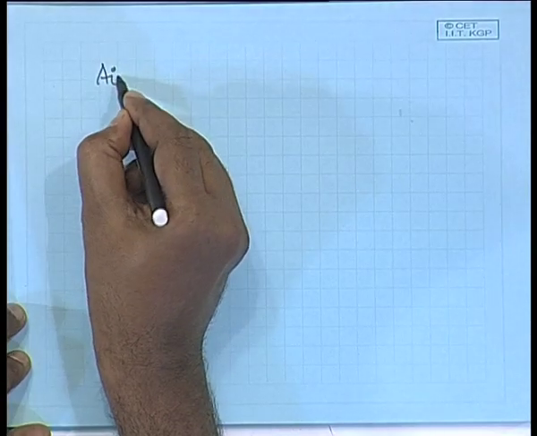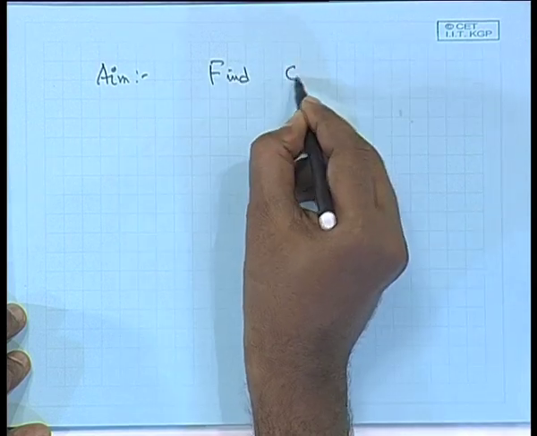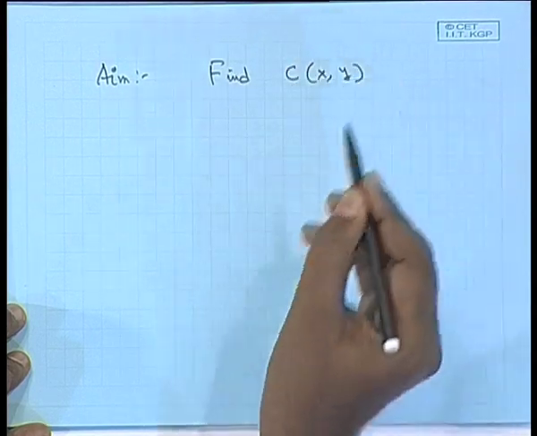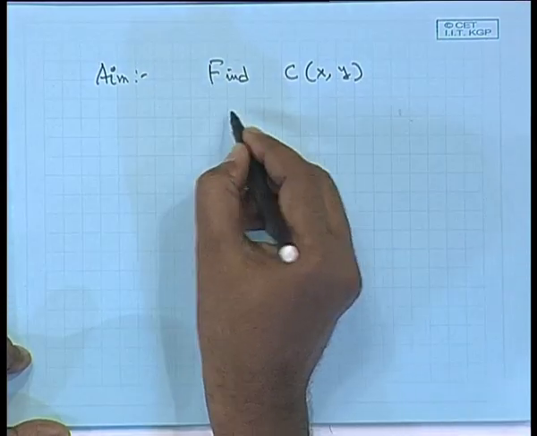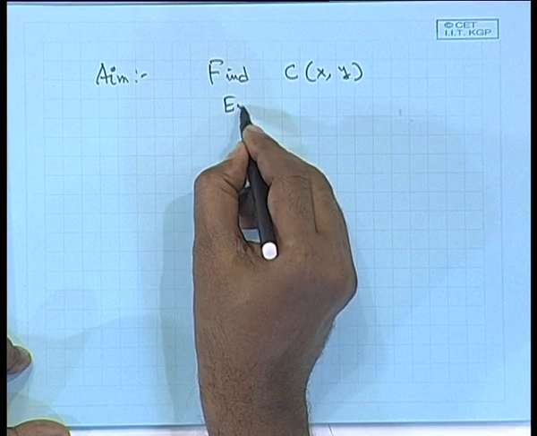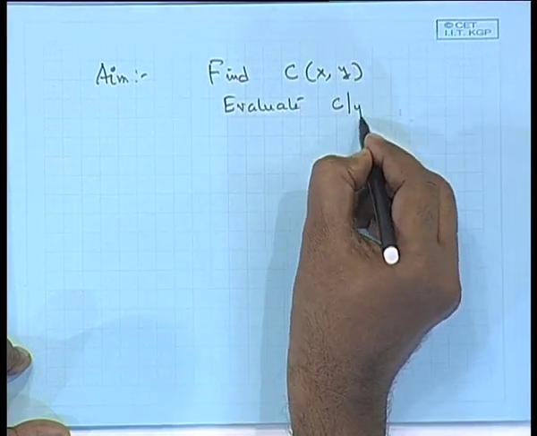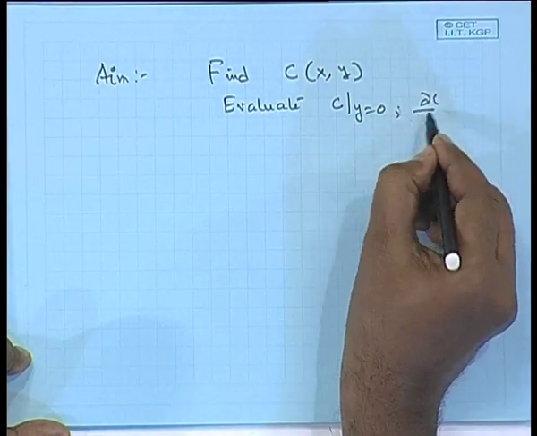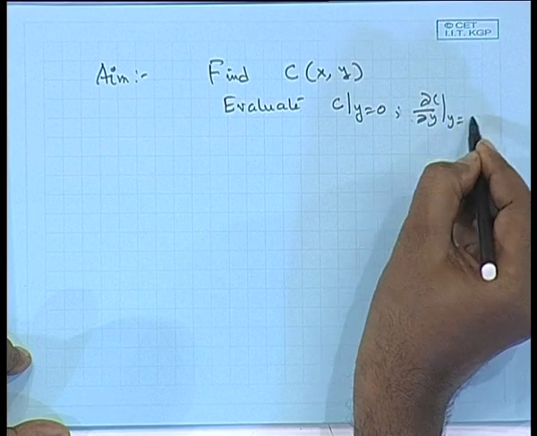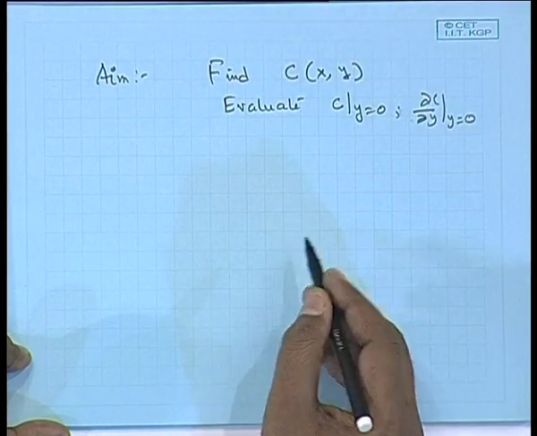So, the objective of this work is to find out concentration as a function of x and y within this concentration boundary layer, and then evaluate C at the membrane surface, that is at y equal to 0, evaluate del C del y at the membrane surface, that is at y equal to 0, and estimate the mass transfer coefficient or Sherwood number.